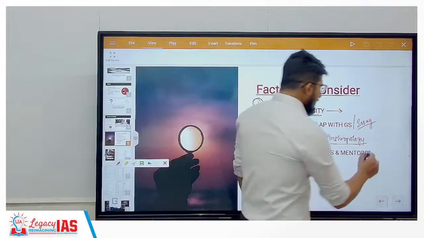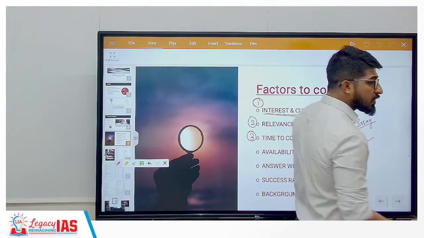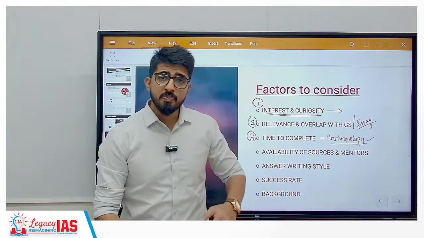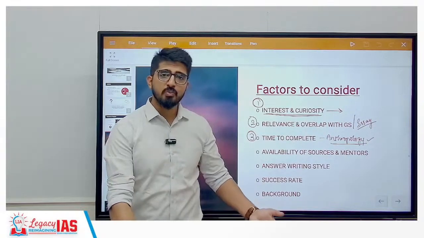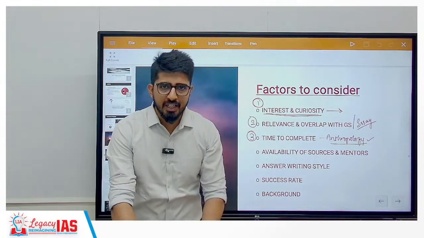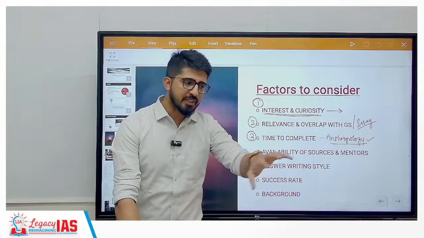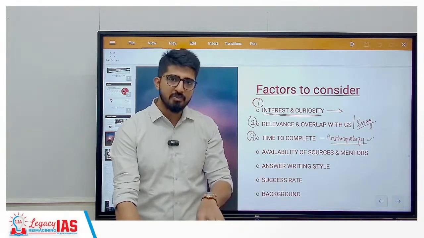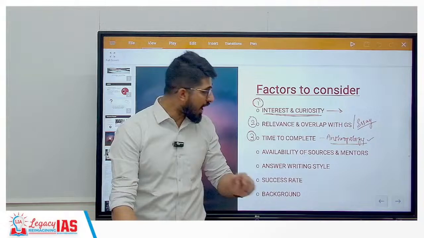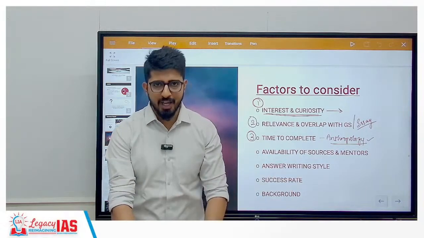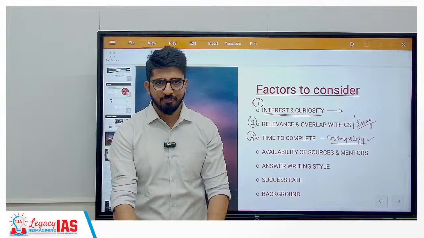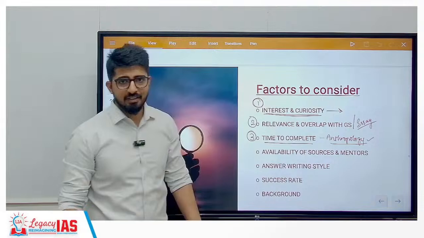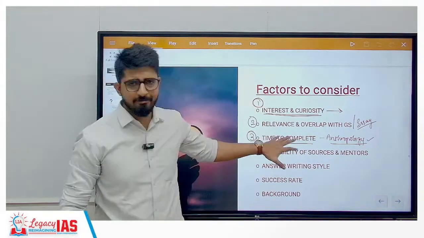The reason is that in anthropology, because many people are taking this as an option, you have to spend equally more amount of time in order to make your answers more creative. Otherwise, you will not be different from the rest of the pack. In order to become different from the rest of the pack, you have to do a lot of answer writing, which will consume more time. Yes? So, time to complete, this is something which you can consider as well. However, as far as I see it, it is not a factor as such.